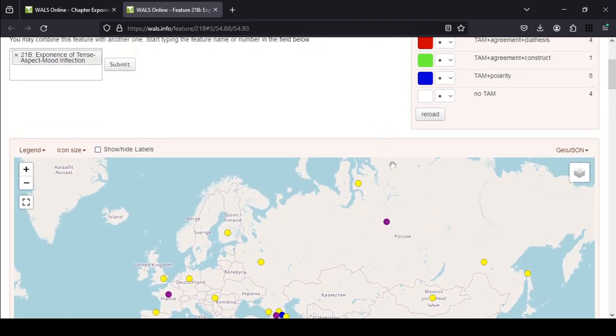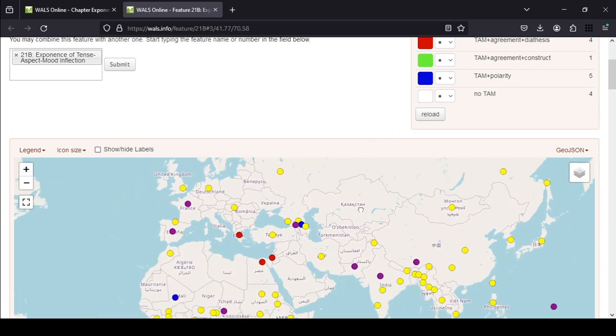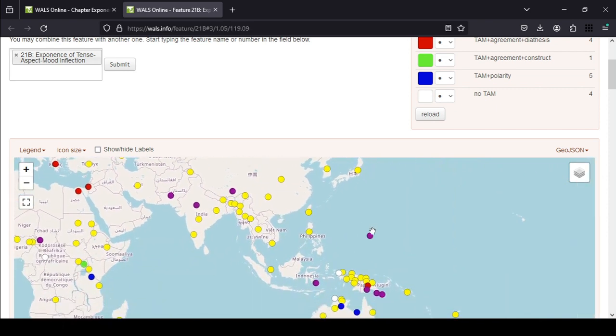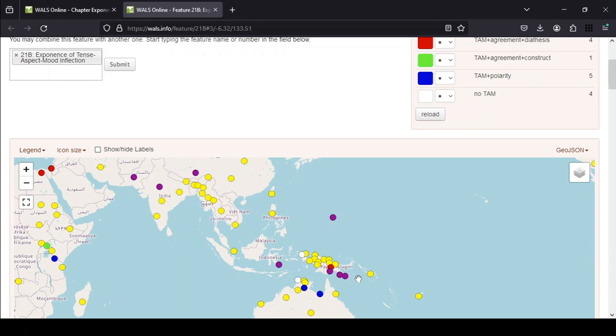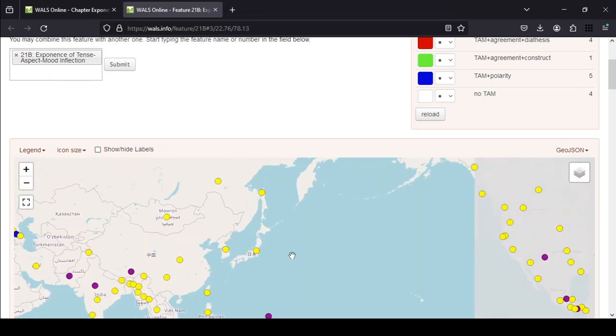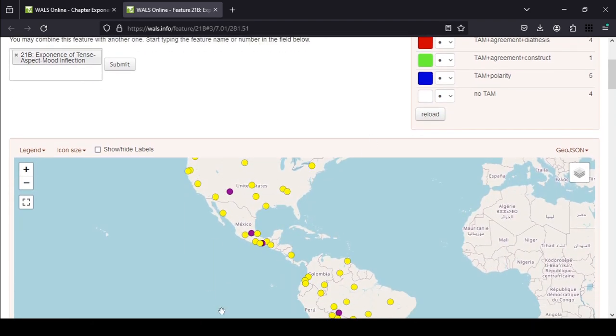Ket is also, so lots of purples. There's purples all around. There's even purples on this island. Purples in Indonesia. Oh my god, 3 purples in Papua New Guinea. Are there any purples in the Americas? Yes, there are. There are 19 purples total. There's not as few as I thought.